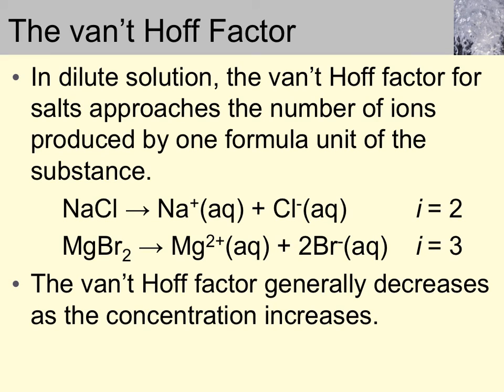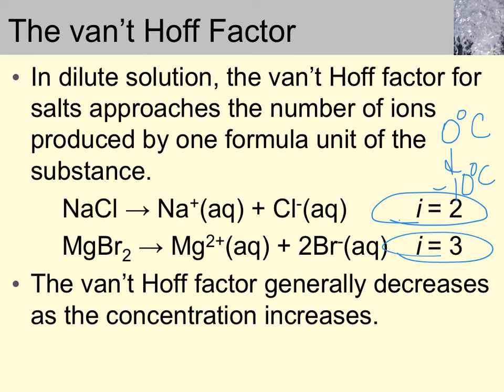So if I asked you, for example, let's say I'm putting salt on the icy streets to lower the freezing point of water. So freezing point of water is normally 0 degrees. But I want to lower it to, let's say, minus 10 degrees so that the roads won't freeze so easily, and I'm going to pour salt on. Should I use, this is a typical multiple choice question, should I use sodium chloride or magnesium bromide? Think of the formula.